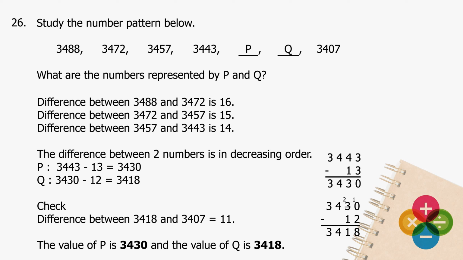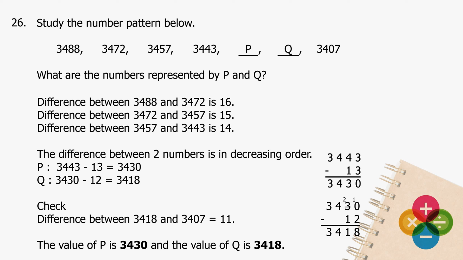The difference between 3,457 and 3,443 is 14. The difference between two numbers is in decreasing order. The difference reduced by 1 between two consecutive numbers.